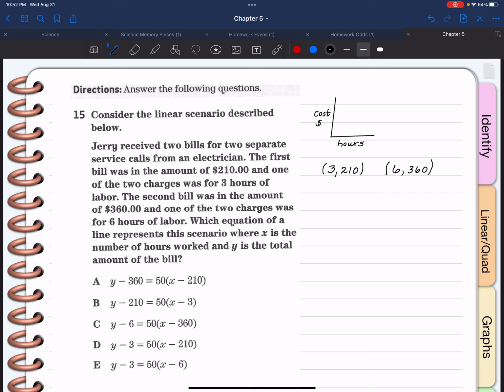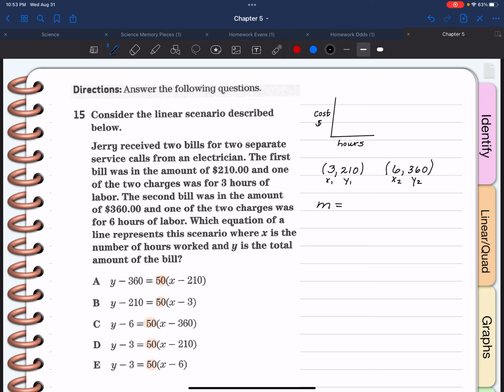And if I know points, I can find slope. Now, I suspect I don't need to find slope because if you look at your answer choices, they're all the same. So I suspect when I find slope, it's going to be 50. But let's see. So here's x1, y1, x2, y2.